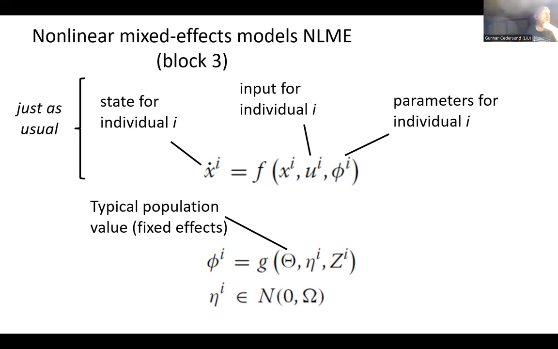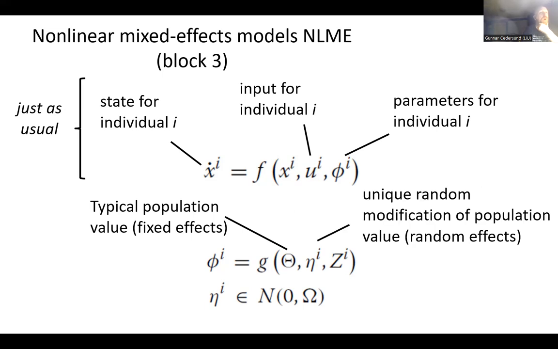So you also have for these phi's an equation, which says what are the typical values on the population level, and what are the unique modifiers to that population value. So these are called the random effects. These typical values are called the fixed effects. And it's because you have both of those that you call it mixed effect.